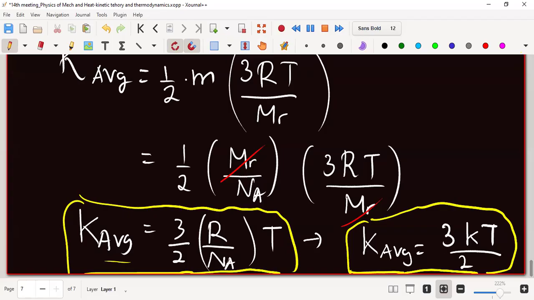Okay. Any question for the kinetic energy? Okay. If there's no question, we can continue to distribution of molecular speed or mean free path.